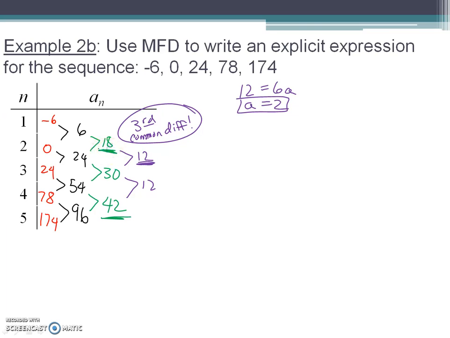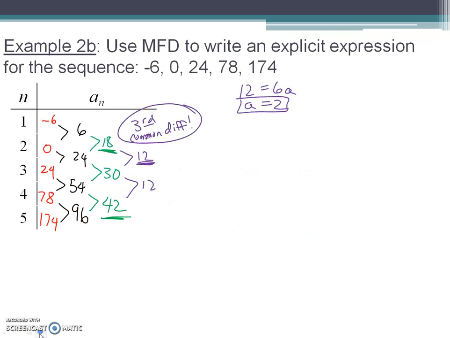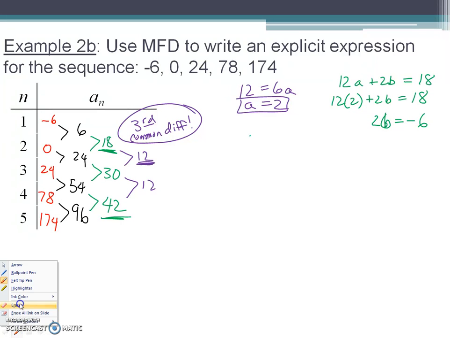I'm going to go for the 18 and the 12a plus 2b because the numbers are smaller. So 12a plus 2b is equal to 18. Plug in your 2 from over here. 18 minus 24 is negative 6. So 2b is equal to negative 6. So b is negative 3.